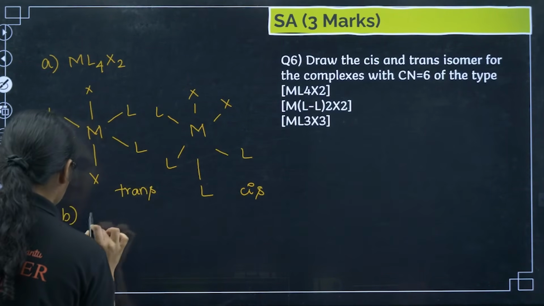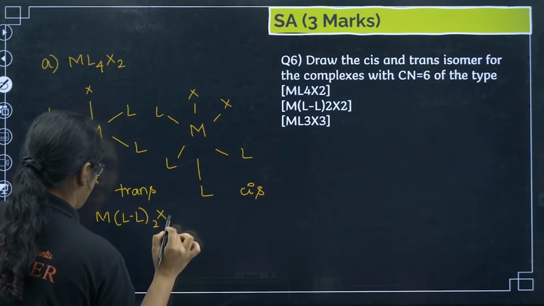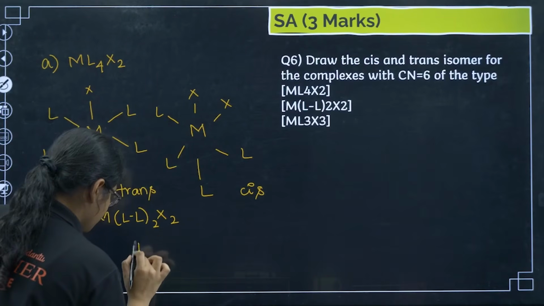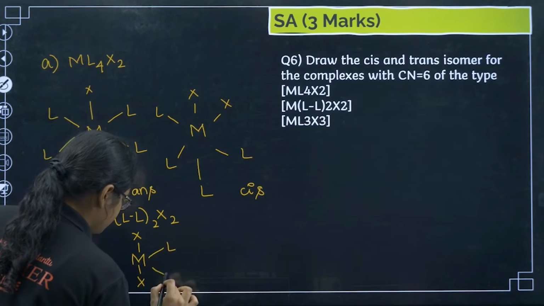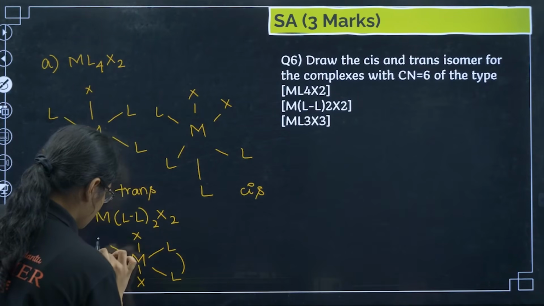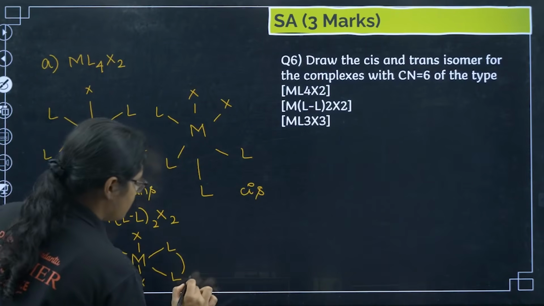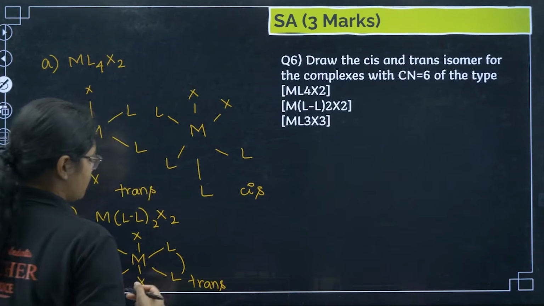Now we have M(LL)2 and X2. So now we have M here, X is there, and then you have LL. This is the trans form, and then we have the cis form.